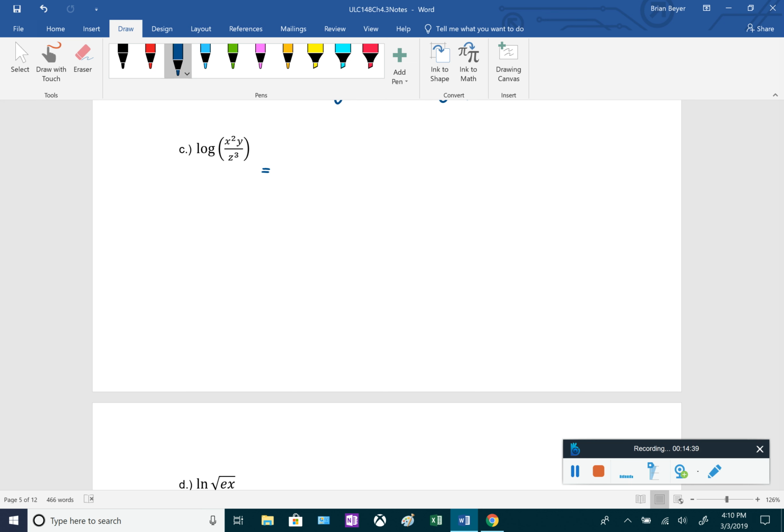The one in the denominator is going to have a negative log. So it's going to be positive log of x squared because it's in the numerator, plus log of y because it's in the numerator, and then minus log of z cubed. And that one was minus because it was in the denominator for the quotient rule.